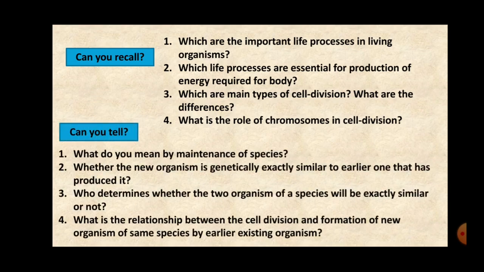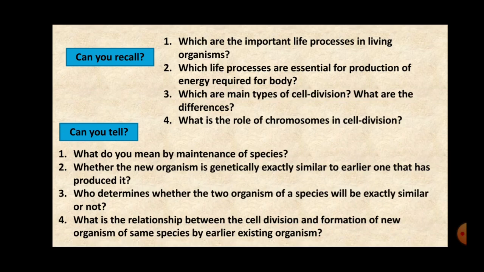Next is on the same page number, just below the first one. The second one, what do you mean by maintenance of species? Okay. First question. Now, what is maintenance of species? Maintenance of species means the existence of species on the earth. How is it possible, right?